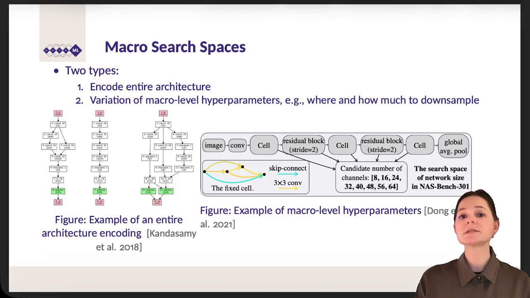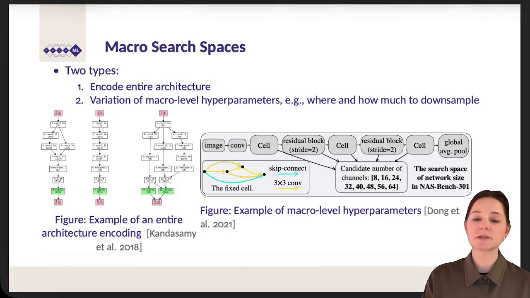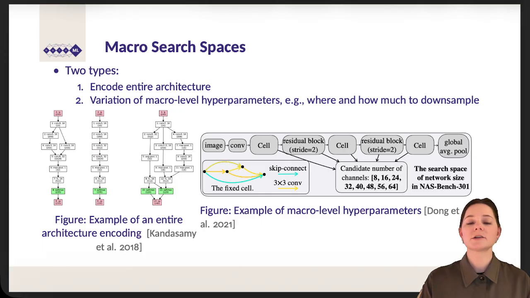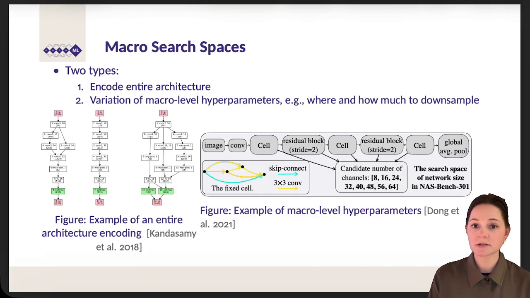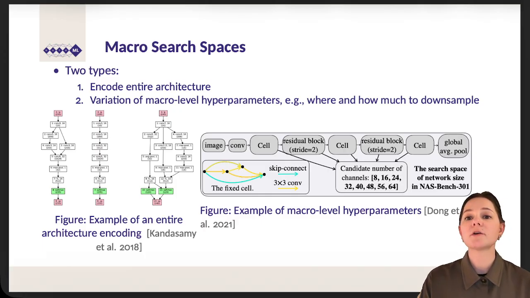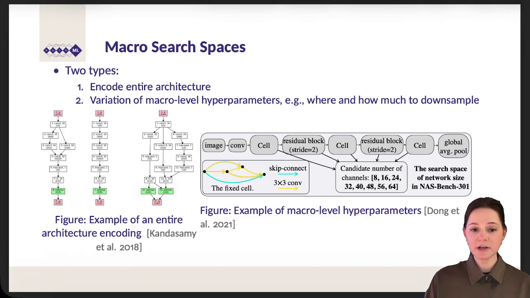Here we can see the fixed cell containing skip connections and 3x3 convolutions. The only question the architecture search approach should answer is what kind of channels I want to use within which cell. So the topology is fixed, the operations themselves are fixed. The only question is the resolution.